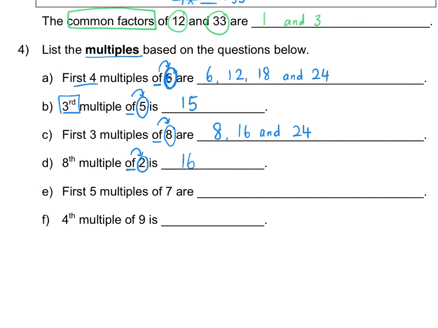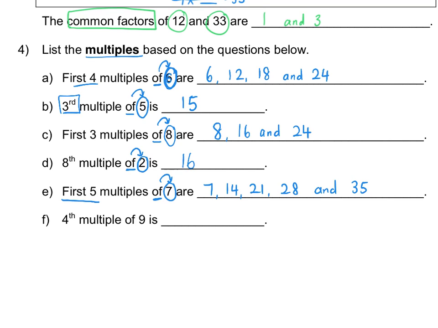Moving on next. First 5 multiples of 7. So you focus on 7 times table. They want the first 5 of them. We have 7, 14, 21, 28 and 35.